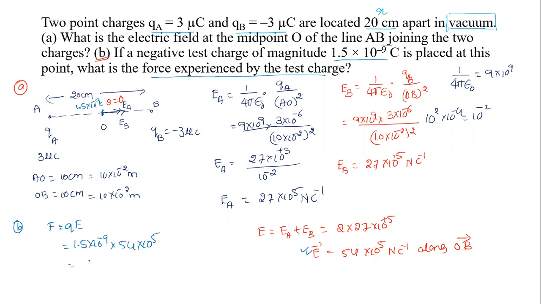The multiplication will give us 81 into 10 power minus 4 Newton. That is the force we got at the midpoint of AB. Okay, this is question number 1.